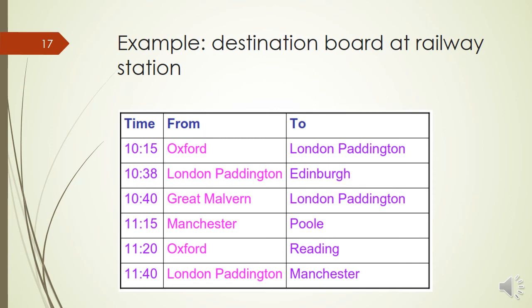Now consider an example of a destination board at a railway station. The destination board basically depicts the time of each train, the starting station of the train and the destination station of the train.